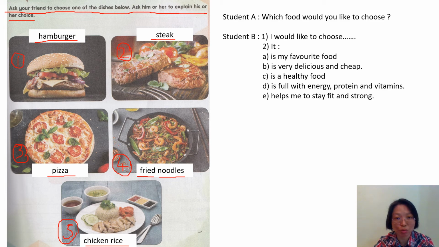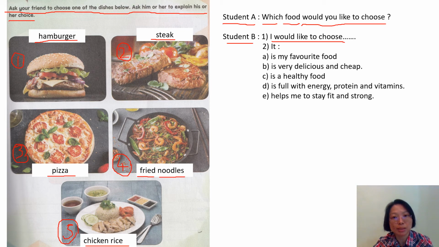So you just ask your friend to choose one that they like. I'll give you an example of how you can practice the speaking skill. Let's say you are student A. You will ask your friend, which food would you like to choose? Then your friend, student B, will answer, I would like to choose, let's say, steak.